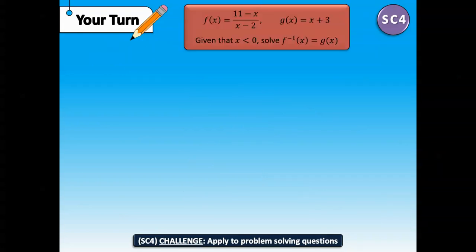For the red question, if we find f minus 1 of x, we rearrange to make x the subject.